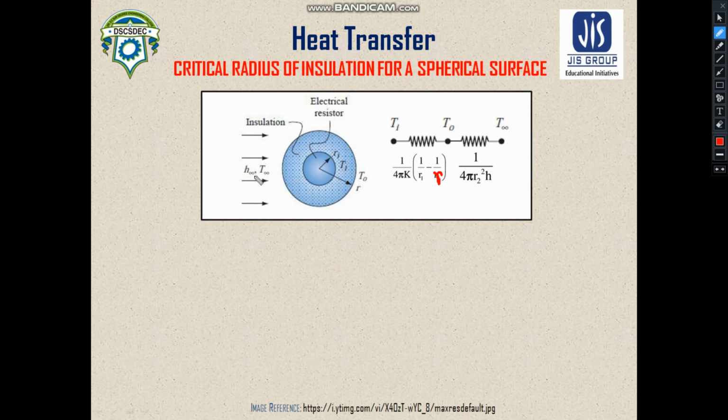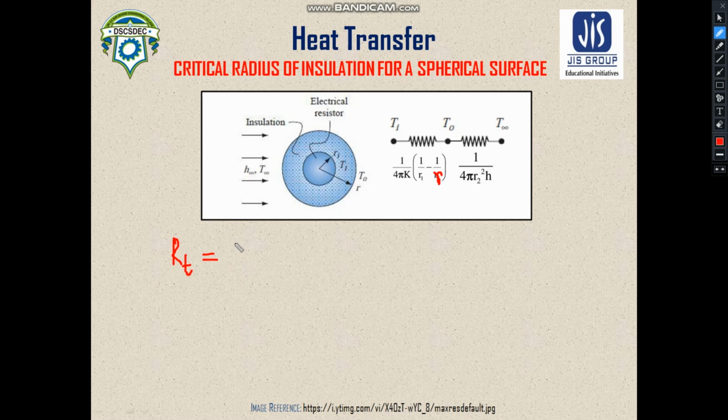You can see the convection heat transfer going on, and you need to consider the conductive as well as the convective thermal resistance. So your total resistance, let us write RT as the total thermal resistance observed in spherical coordinates.